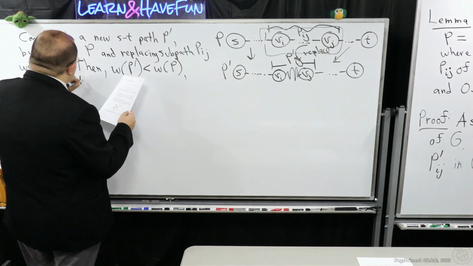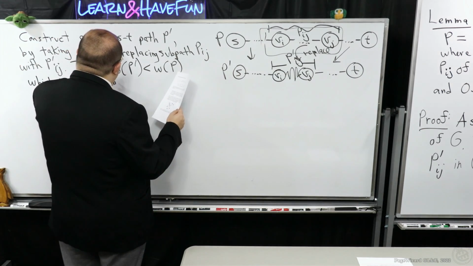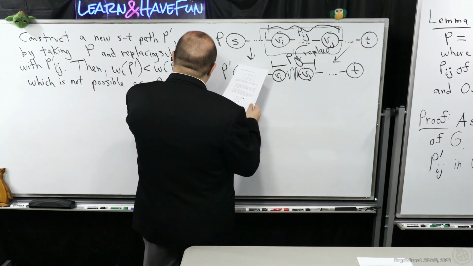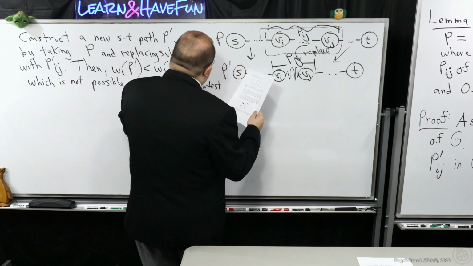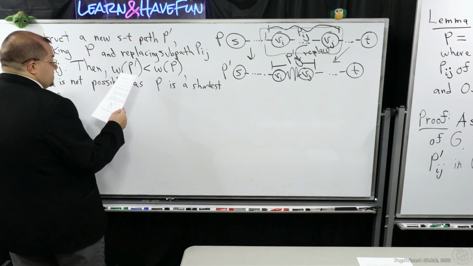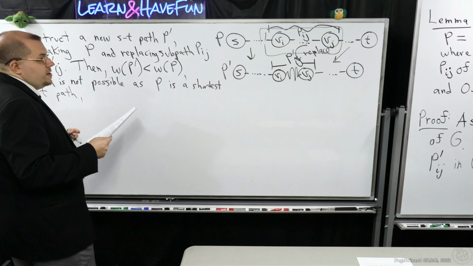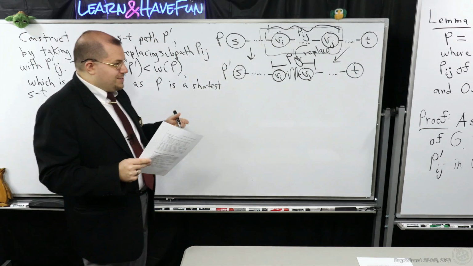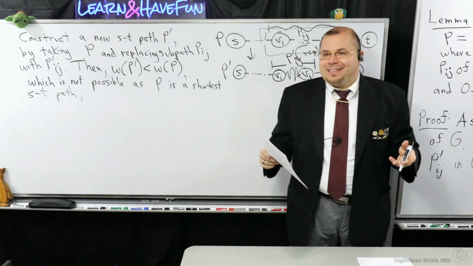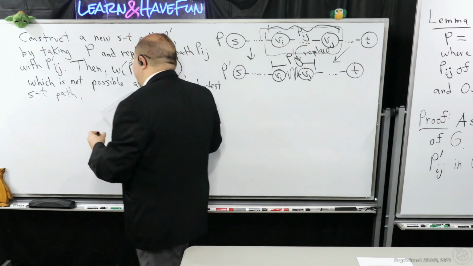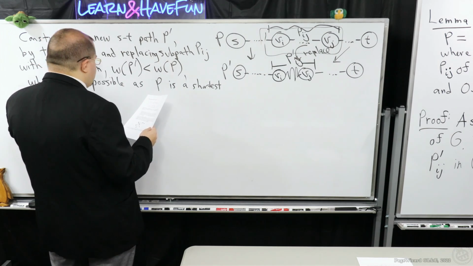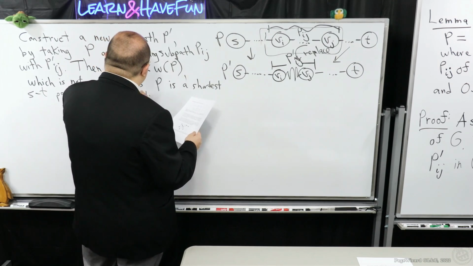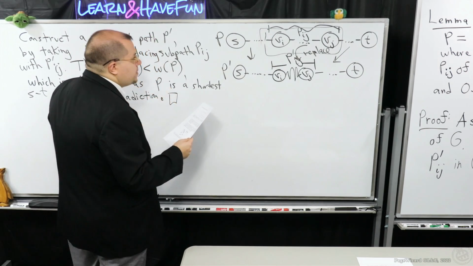Which is not possible as P is a shortest ST path. So that means that we simultaneously have that P, as a result of this, is a shortest ST path, but it also isn't at the same time. That is a contradiction. That concludes the proof.